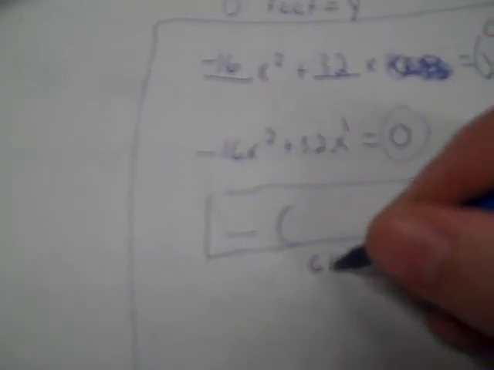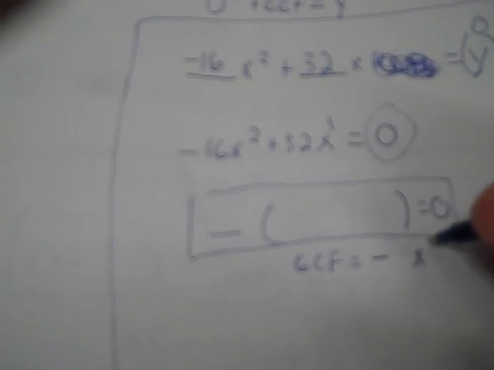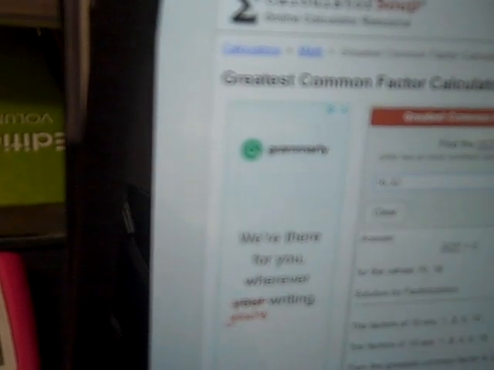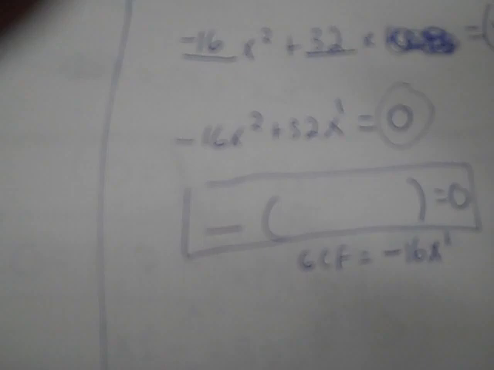And the GCF, well, again, we have negatives. So negative x2 and x1, x1. And then let's go with 16 and 32. So 16 comma 32 is 16. So I factor out negative 16x to the 1, and that's f1. Then I divide by negative 16x to the 1.